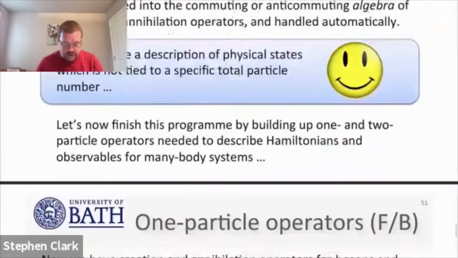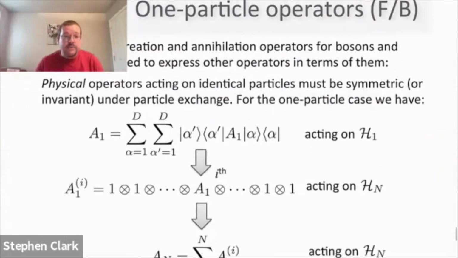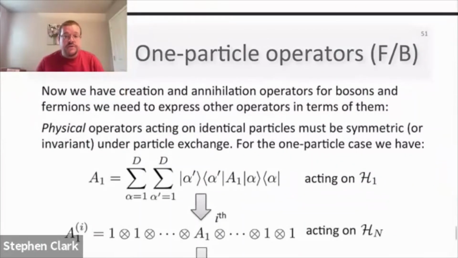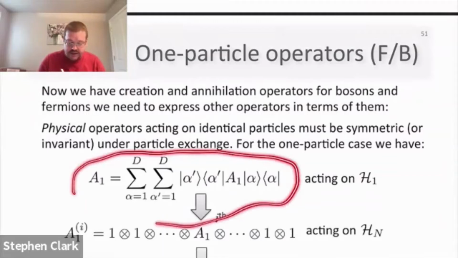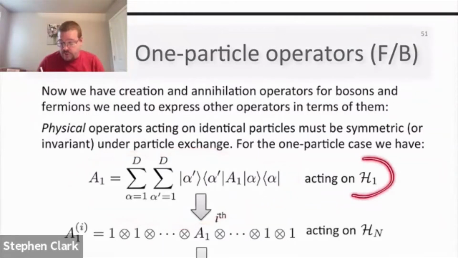So just to recap, for fermions or bosons, if you have a one particle operator, this is an operator that acts on one particle. It acts on a one particle Hilbert space.